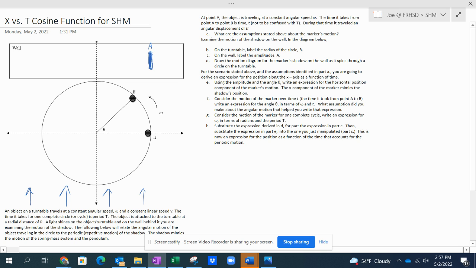So here, what are the assumptions in this scenario? We know that the object is traveling at a constant angular speed, and for one cycle, that is going to be 2 pi radians over the period. On the turntable here, this radius is r, this is also r, and the amplitude would be here to here, or on the other side, here to here.